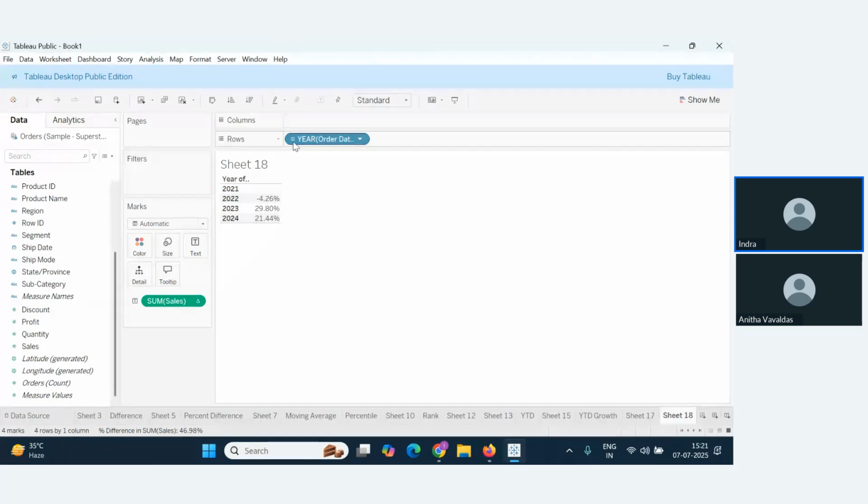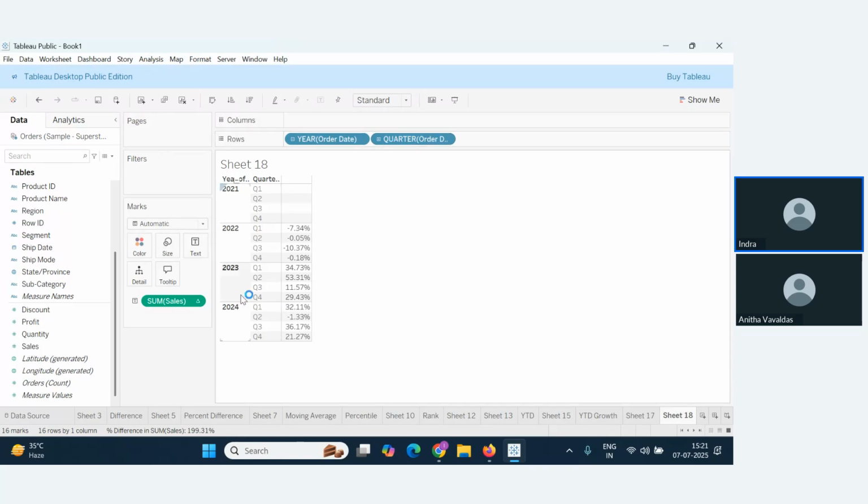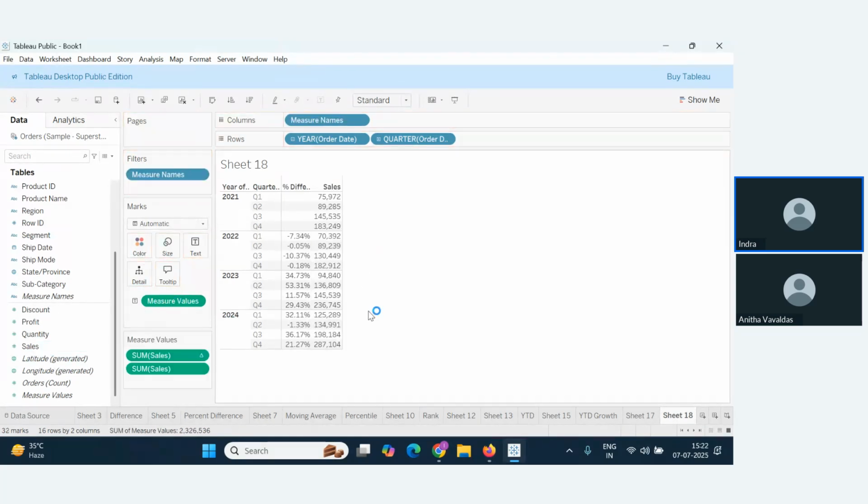I can make this simple also, but if you want to see the quarter-wise change from quarter one to quarter one, we're getting this change. Let's keep sales also next to it. From 75 to 70, it's a 7% drop. Then from 70 to 94, it increased by 34%.